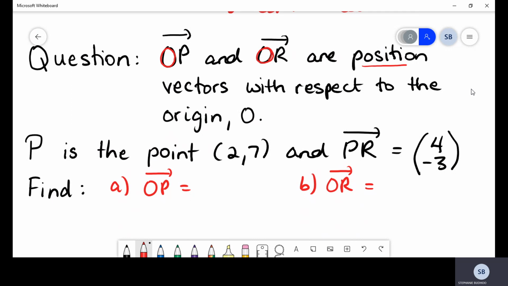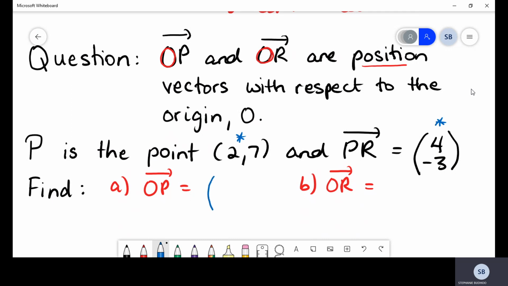So they are asking us some questions. The first question they're asking us is to find OP. What is OP equal to? Now, browsing through our question, we do have a bit of information that we can use. The first bit of information is that P, the point, is given by coordinates (2, 7).